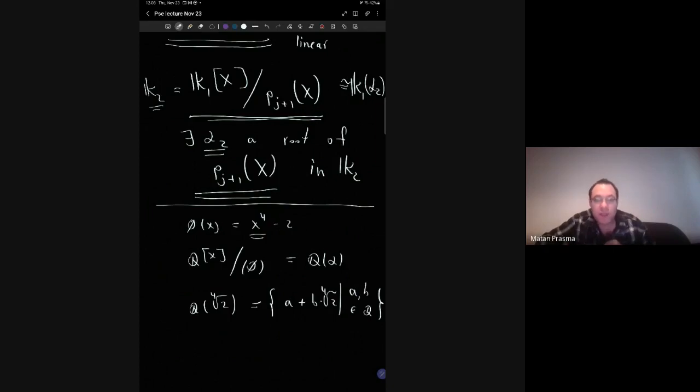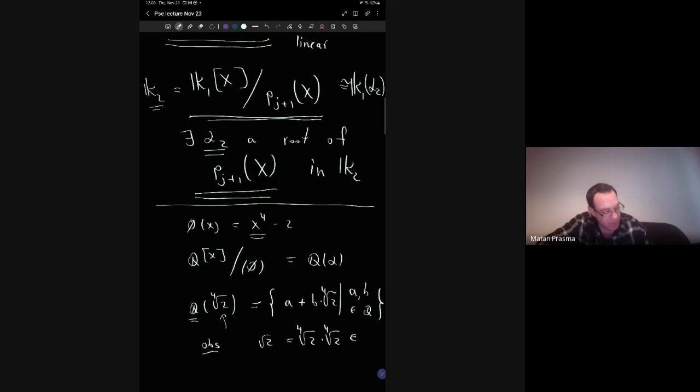You simply introduced a new symbol and it satisfies a certain relation. Of course, since you introduced it, the square root of 2, which was not an original element in Q, must be an element in this extension, because the square root of 2 is the fourth root of 2 times the fourth root of 2.